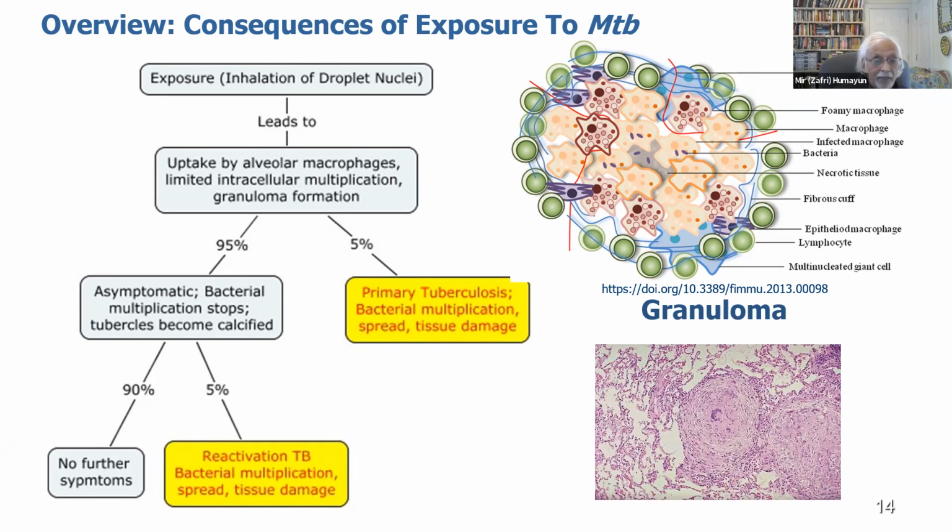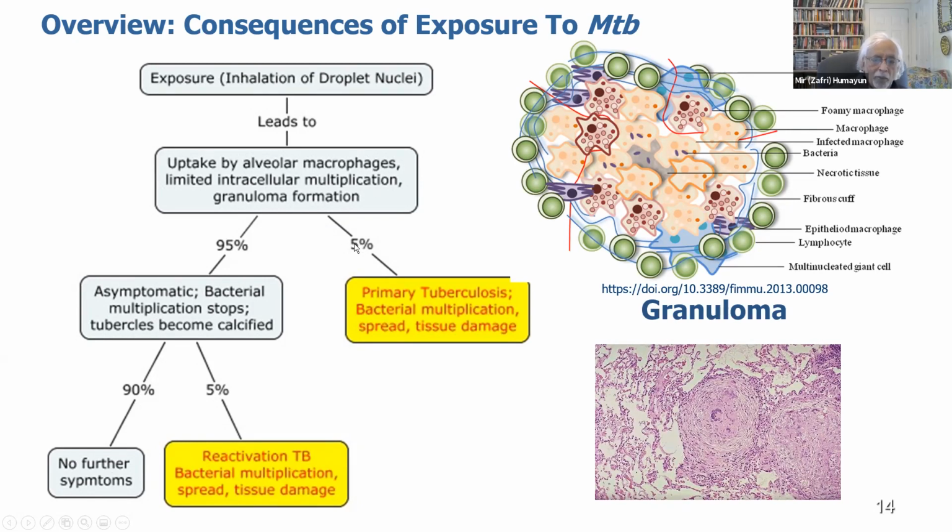And the contained bacteria are within structures called tubercles, and they can sometimes become calcified. They can remain so for the entire lifetime of many of those individuals. But among that 95%, 5% can suffer reactivation TB, but the remaining 90%, which is the vast majority, will remain asymptomatic throughout their lifetimes.